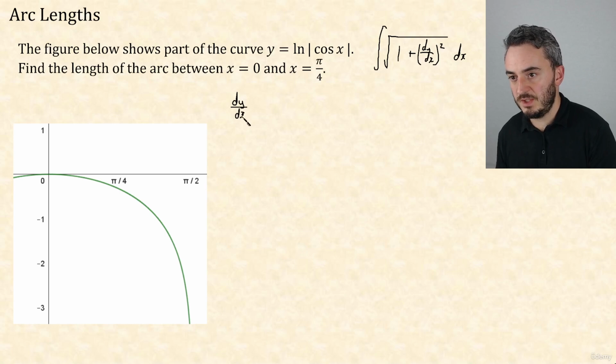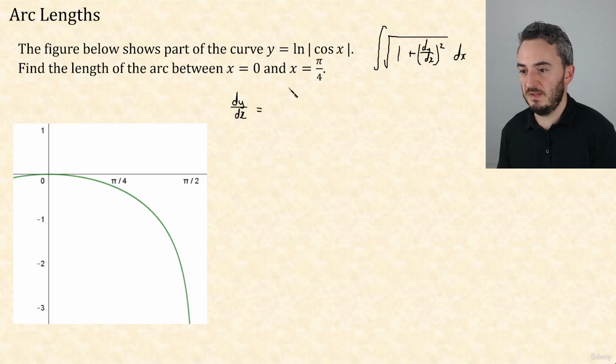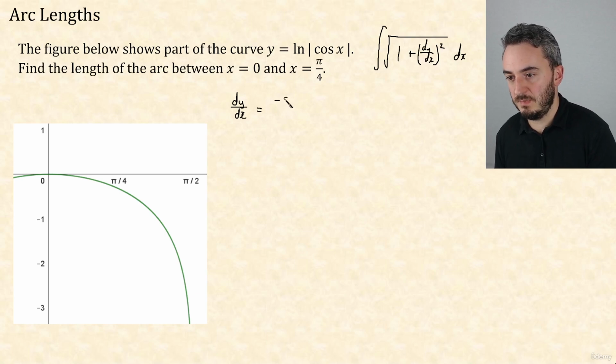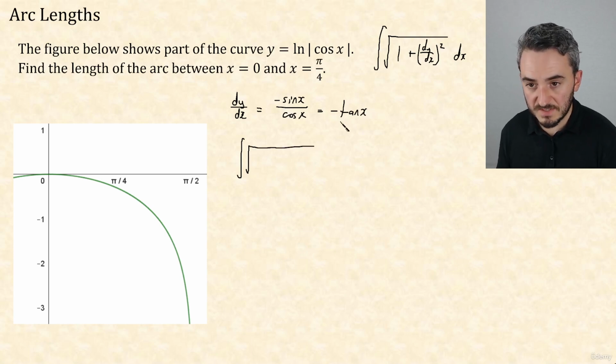So differentiating ln cos x, maybe you just know this one. If not, it's the derivative of cos x, minus sine x, divided by cos x, so that's just minus tan x. Okay, let's go for it. It's the integral of the square root of 1 plus minus tan x all squared.